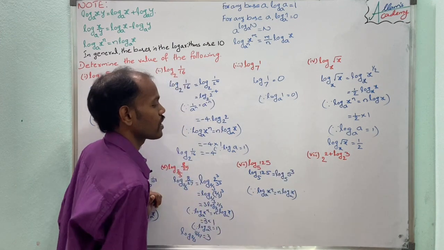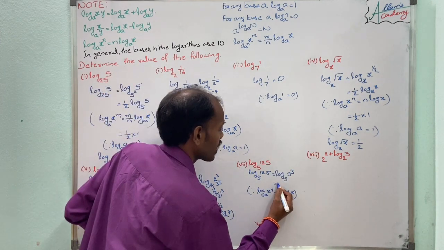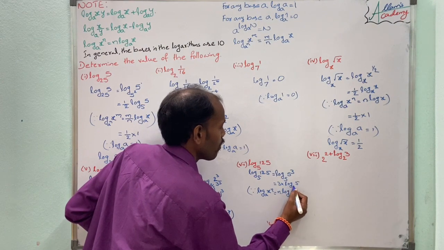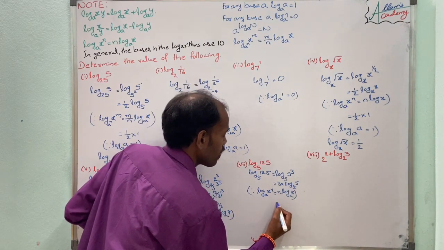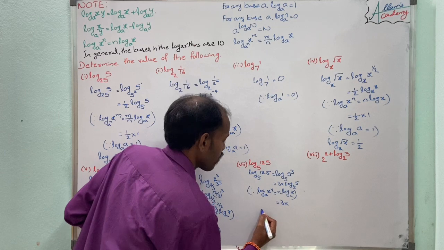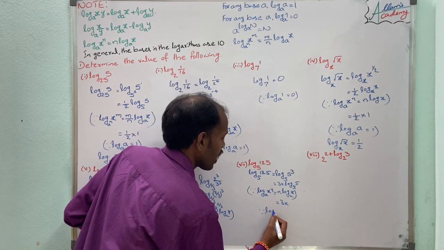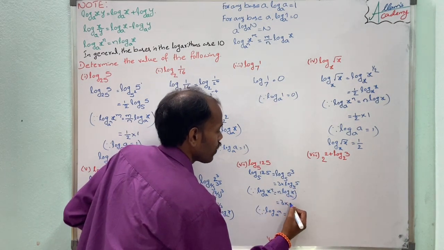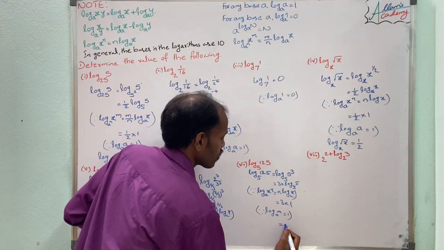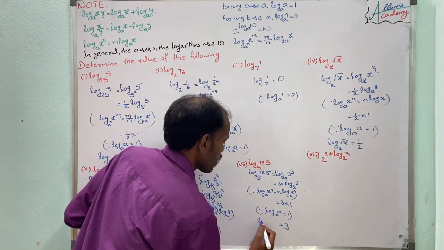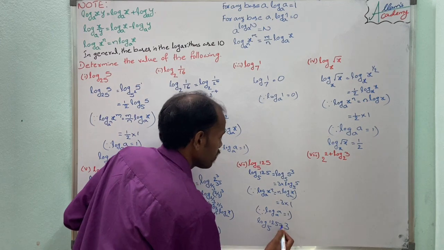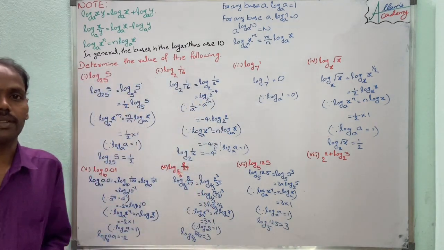So by using that formula we will write 3 into log 5 base 5. Now log 5 base 5 is in the form of log a base a, and log a base a equals 1. So log 5 base 5 means 1. So 3 into 1 is 3. So log 125 base 5 equals 3.